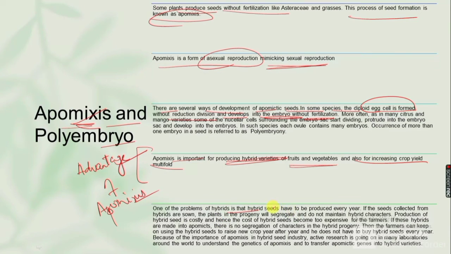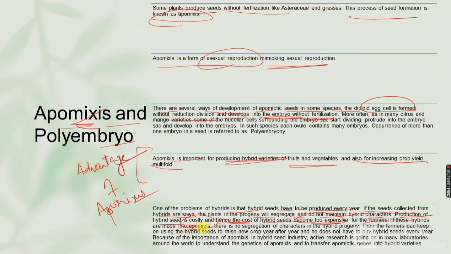One of the problems of hybrids is that hybrid seeds have to be produced every year. If the seeds collected from hybrids are sown, the plants in the progeny will segregate and not maintain hybrid characters. Production of hybrid seed is very costly, and hence hybrid seeds become too expensive for farmers.